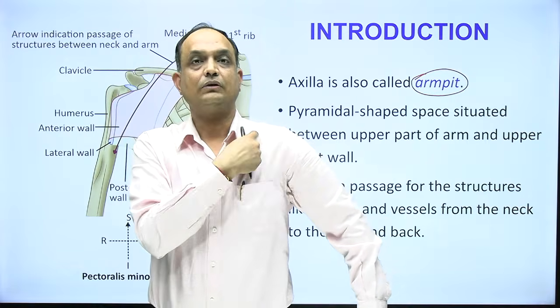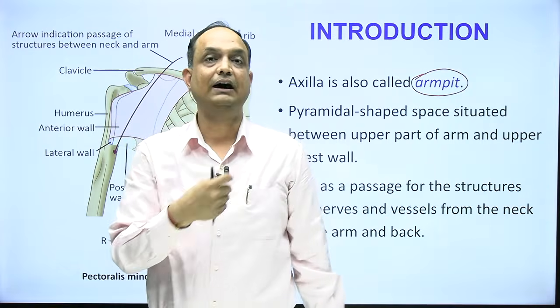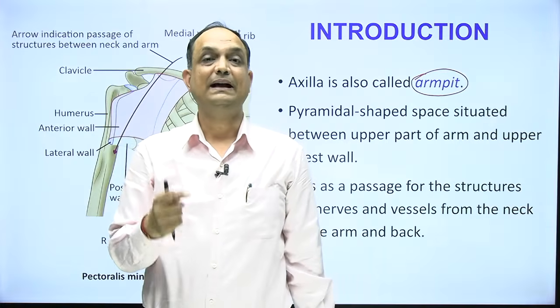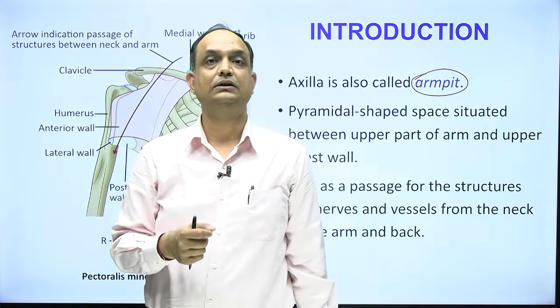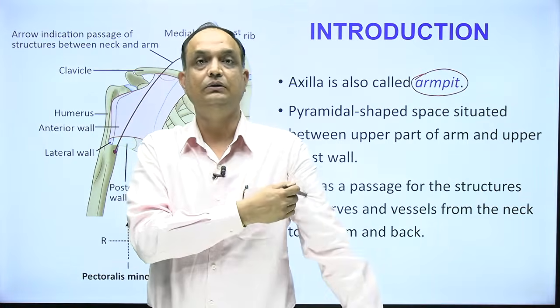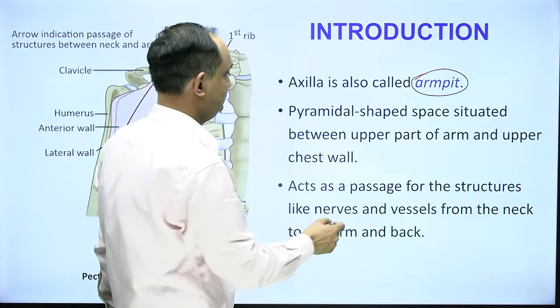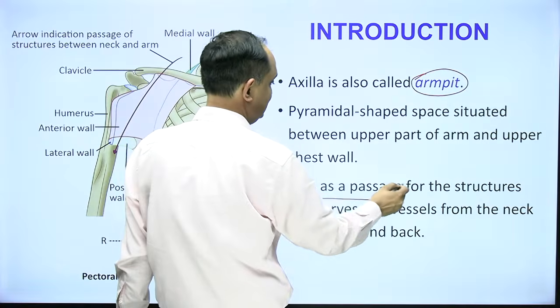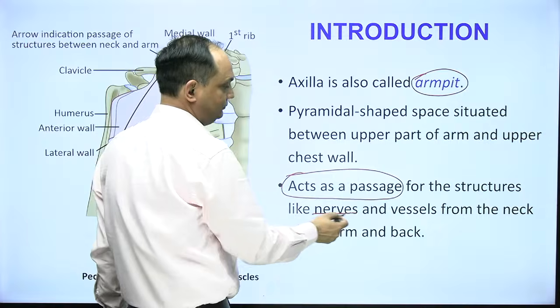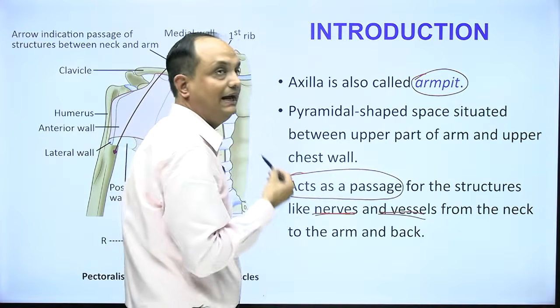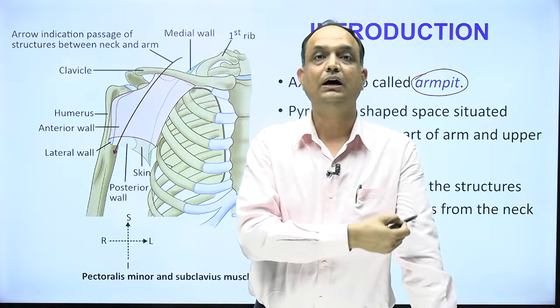Clear? Now the axilla is a very important passage, allowing structures from the neck to enter into the upper limb. Structures like nerves and vessels come from the neck and go into the upper limb.